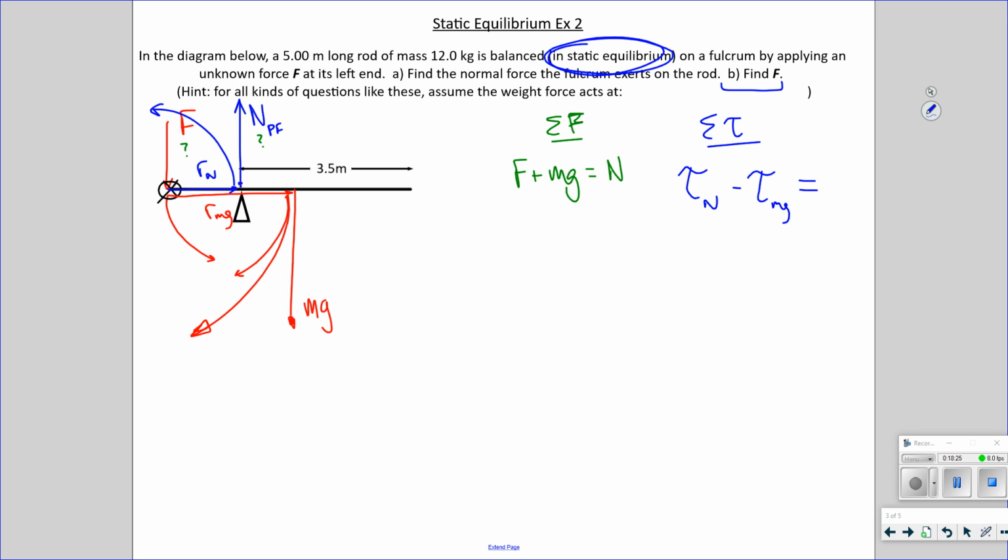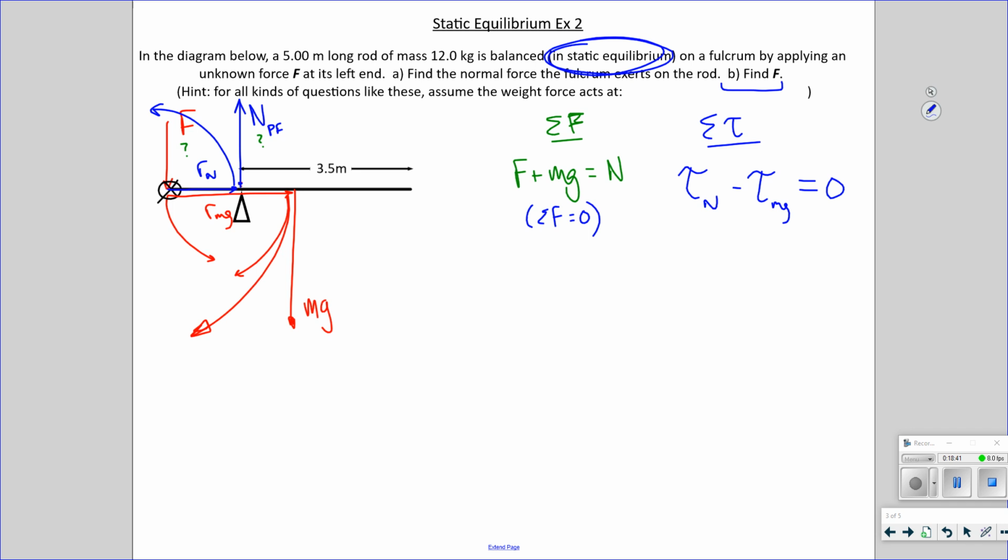Net torque equals 0. Without saying it explicitly, up here we did say that net force equals 0. That's why those two downward forces equal the upward force.